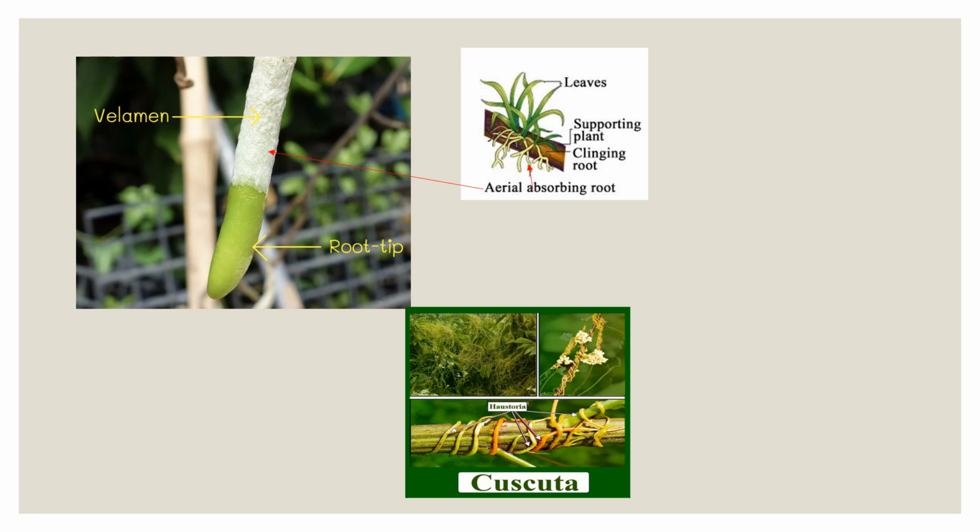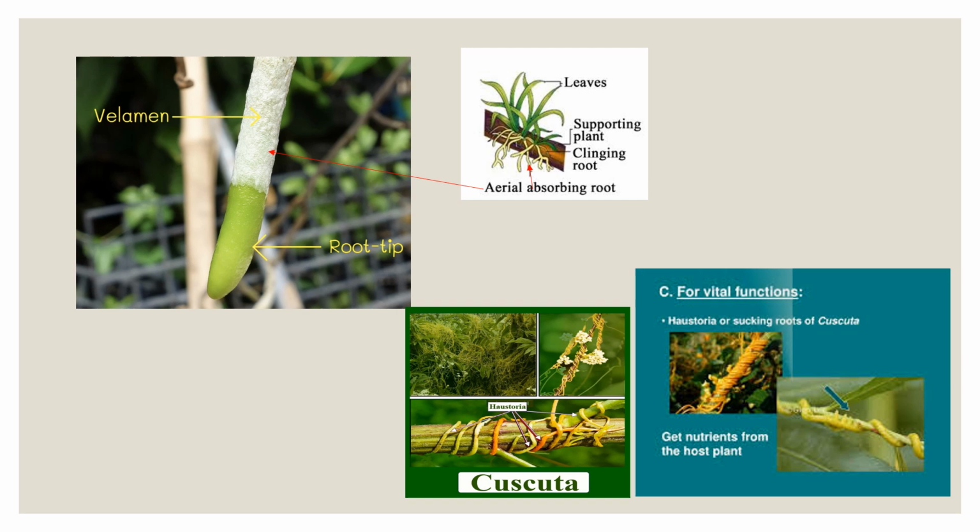It's the host plant. And the Cuscuta is a parasitic plant. It gets nutrients from the host plant. As you see also in this picture, the second root of Cuscuta gets nutrients from the host plant.